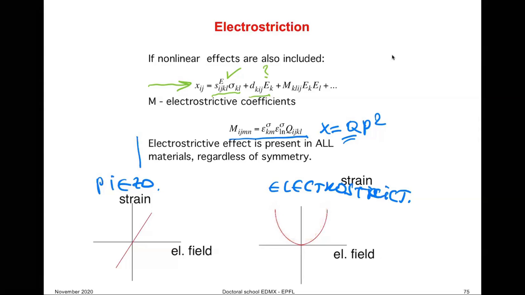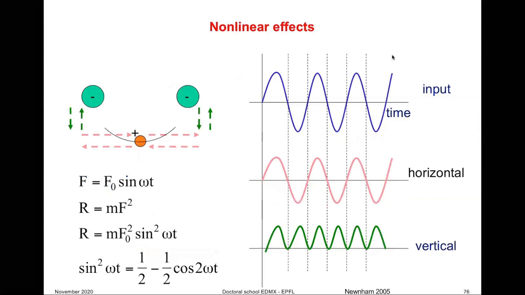And that is how you can distinguish between them. When you measure your strain, if you get that it changes as a square of the field, then you have to see whether you have electrostriction, or maybe, as you will see later on, you actually have piezoelectric effect, but other contributions which can make it field dependent.